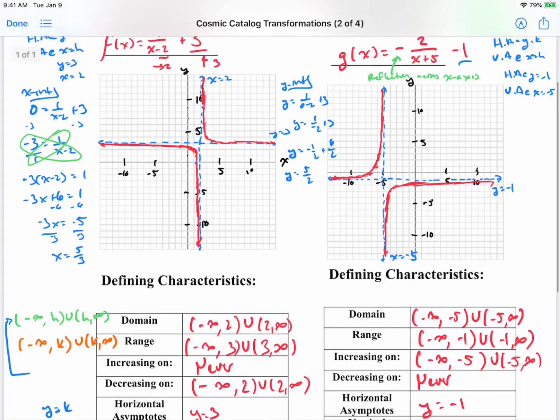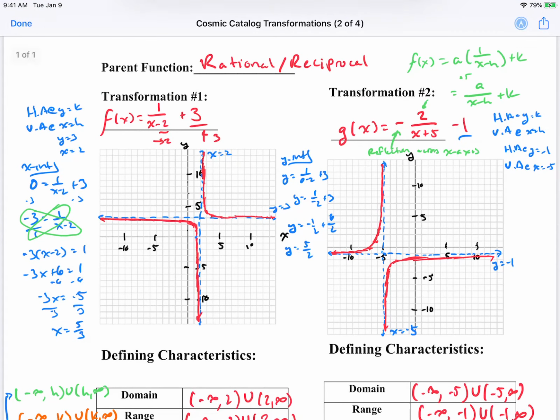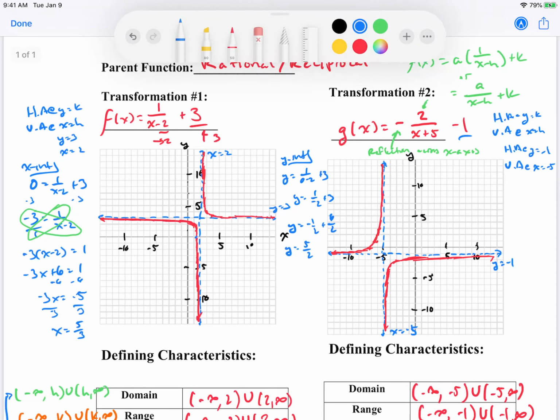Now, last thing that we want to do is our x and y intercepts, and again, we're going to solve this just like we did before. Let's do our y-intercept first. We're going to set x equal to 0. So we have y equals -2 over 0 plus 5 minus 1, which is equal to -2 over 5 minus 1.